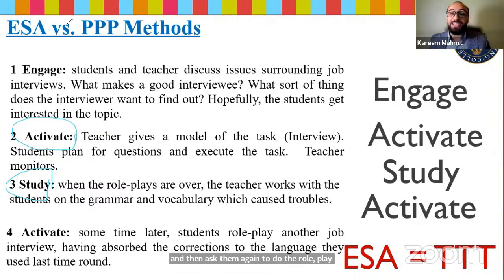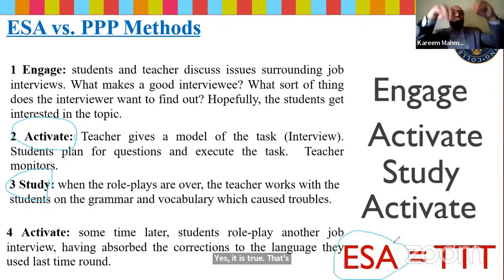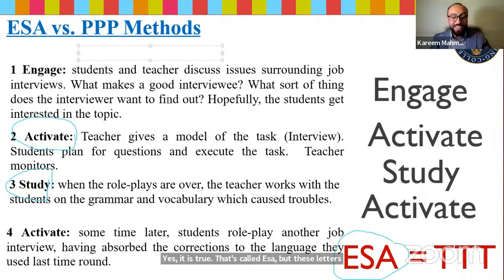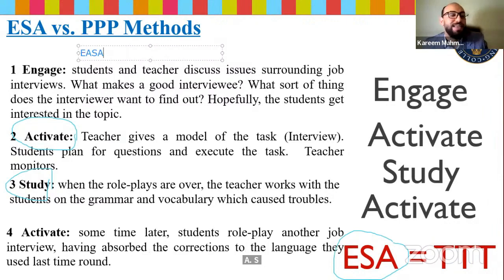So that's what we call ESA when it is equal to TTT. So test, teach, test: engage, activate, study, activate. Yes, it is called ESA, but these letters can be changed. So we can say in this particular situation that it is EASA. So that is the stage. Engage, activate, study, activate.